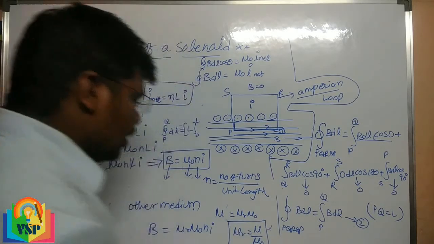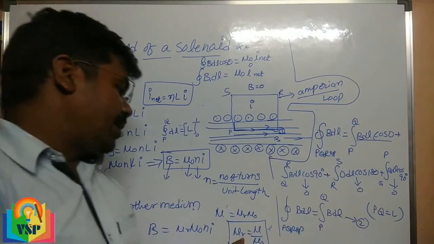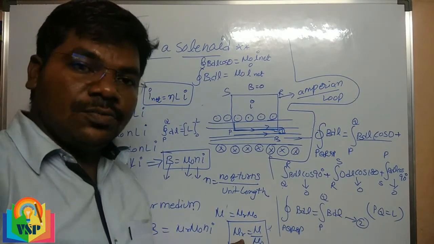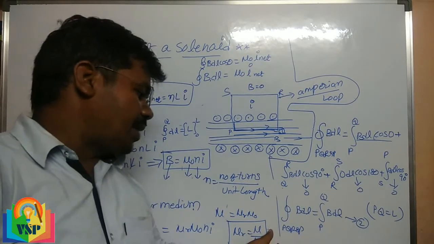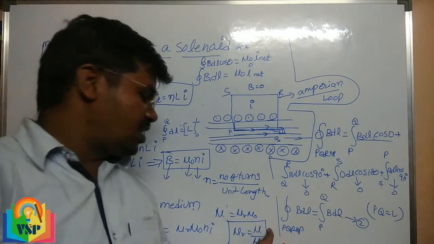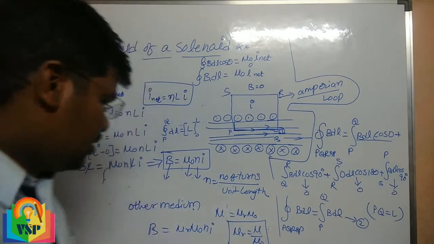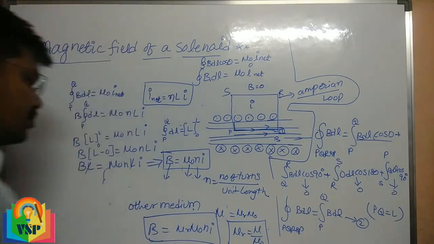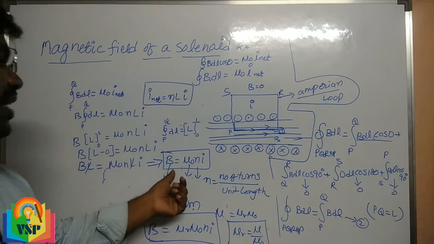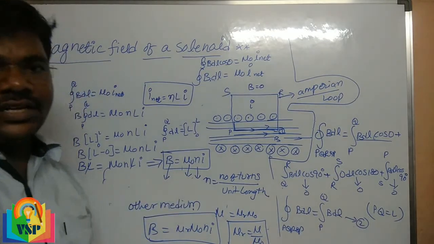Relative permeability is defined as the permeability of the medium to the permeability of free space. Okay, understand? This is the magnetic field of a solenoid.